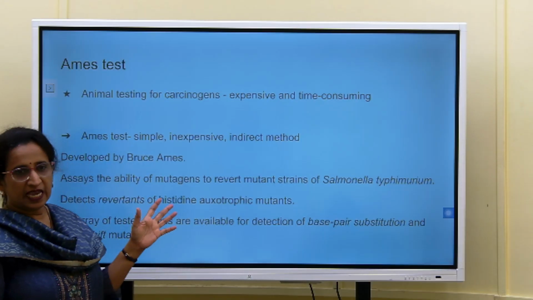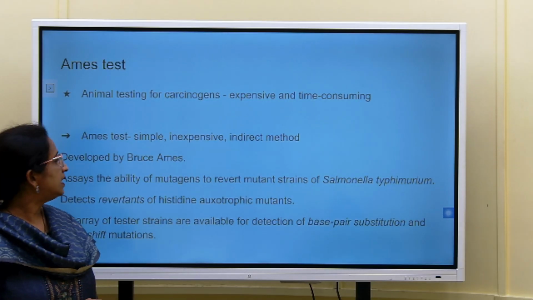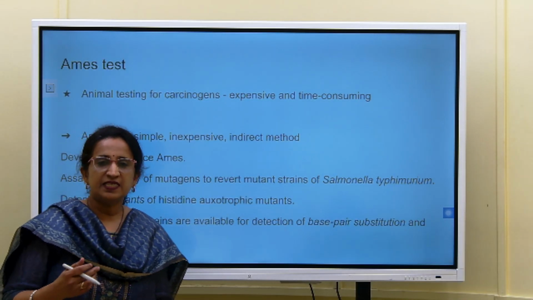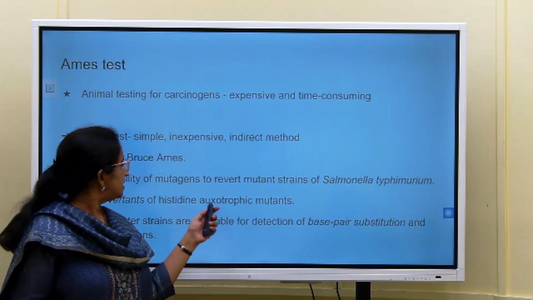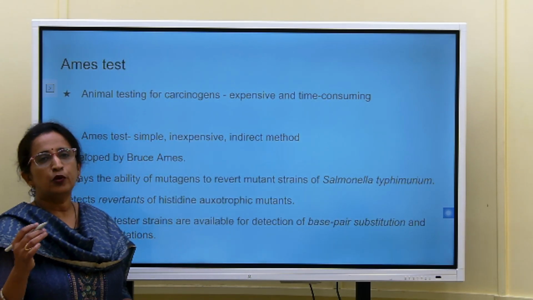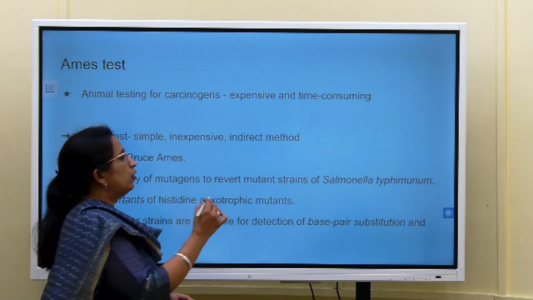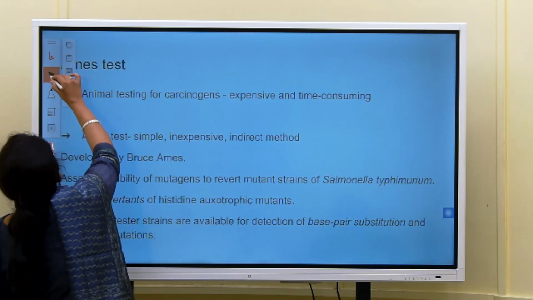So what does this Ames test do? The Ames test assesses the ability of mutagens, that is, the chemicals in your environmental samples, to revert mutant strains of Salmonella typhimurium. So we have to take Salmonella typhimurium strains.